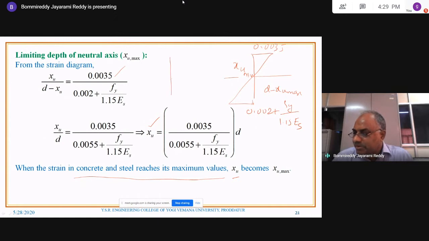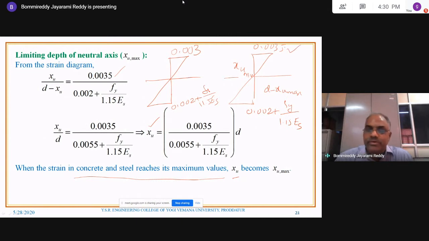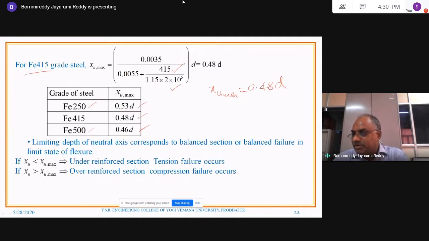The question will be something like this: assume that the concrete is strained to 0.003, whereas at the bottom it is 0.002 plus the same thing, Fy by 1.15. So that means strain in concrete is not 0.0035 as per the code. As per the code, if it is 0.0035 and the strain in steel is also this, then only this combination of the values is valid.